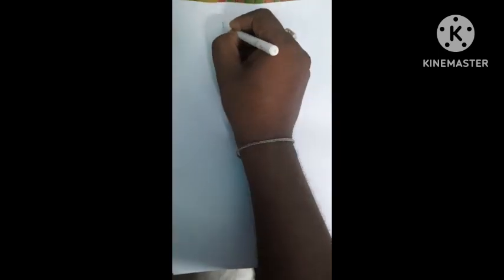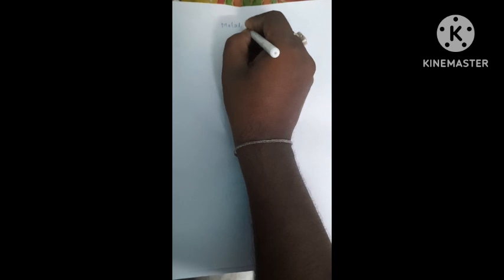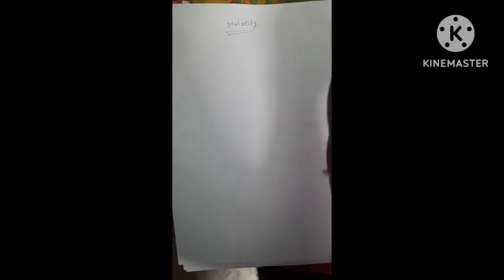Next term will be molality. What is molality? The number of moles of solute present in 1 kg of solvent is known as molality.